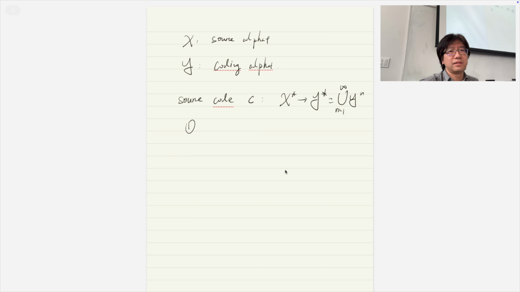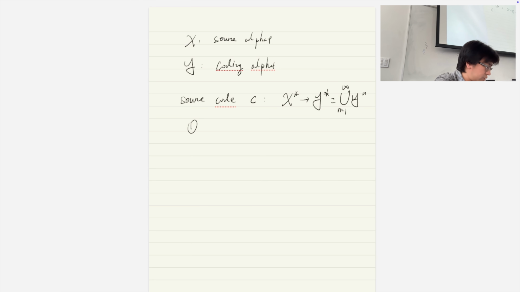Basically, we may code every n symbols altogether, or we may code one symbol, two symbols, three symbols and map them, or both the source and the code have different lengths. We have three cases to consider.